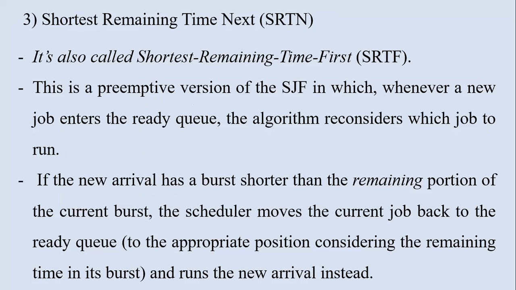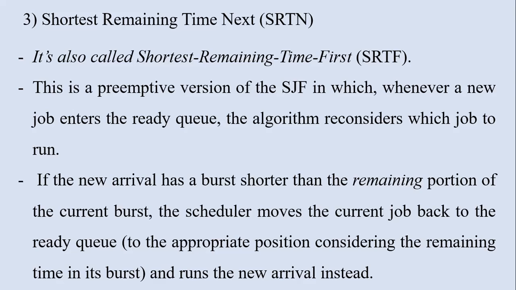The third algorithm is called the shortest remaining time next, or SRTN. It is also called the shortest remaining time first, SRTF. This is a preemptive version of the SJF, in which whenever a new job enters the ready queue, the algorithm reconsiders which job to run.